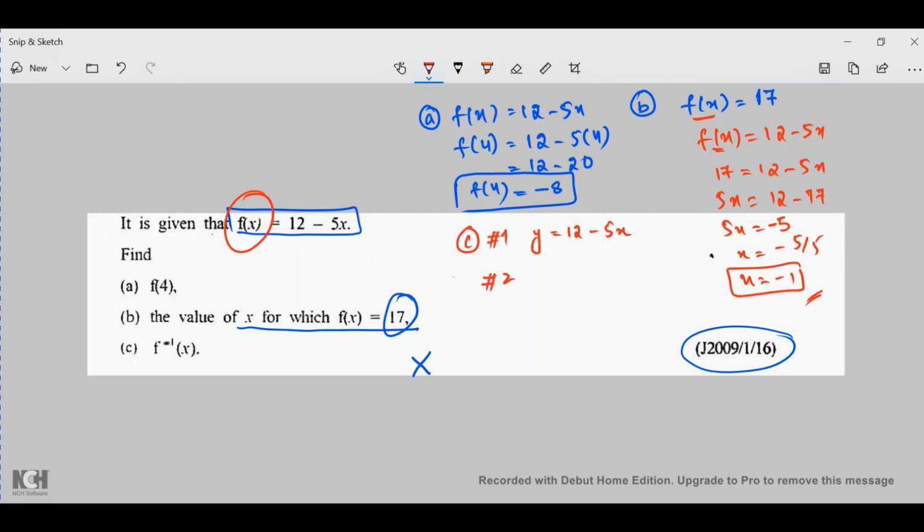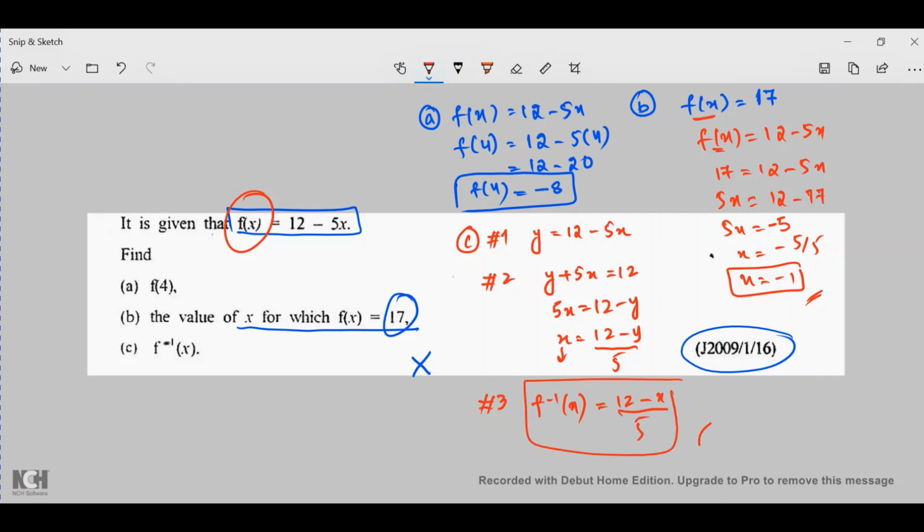Okay, x subject, y plus 5x is equal to 12. Please remember your subject should be positive and should be on the left hand side, better to write. And x is equal to (12 minus y) divided by 5. Step number 3, we have to replace x with f inverse and y with x, and that's your final equation, and we have done.